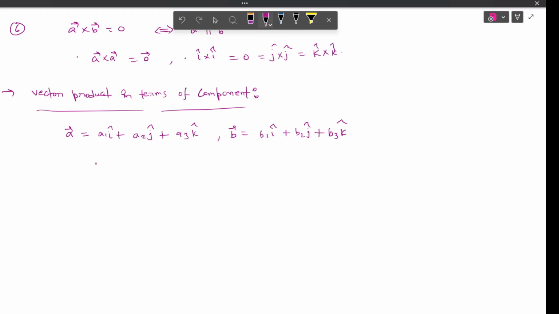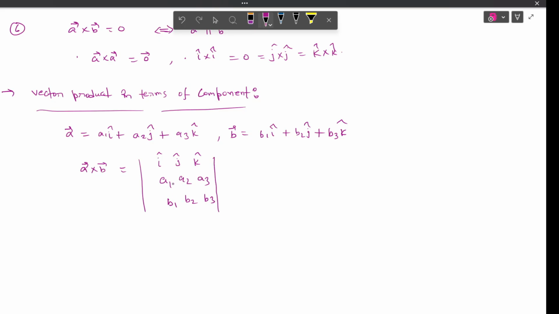Then A cross B you can find by the determinant. You have to write it this way: i cap, j cap, k cap, and write the coefficients a1, a2, a3, b1, b2, b3.